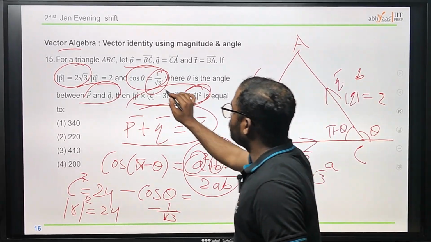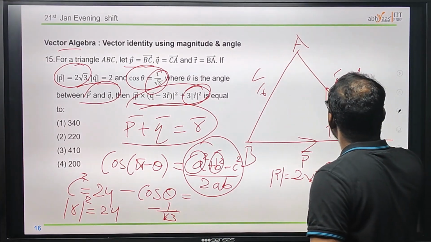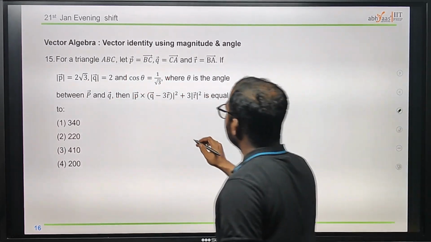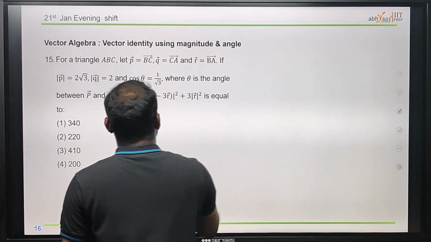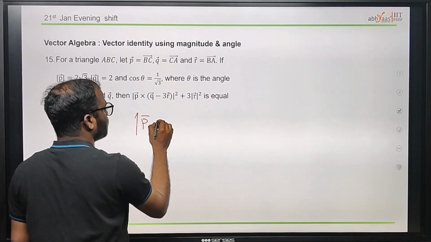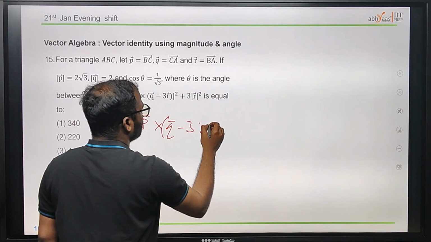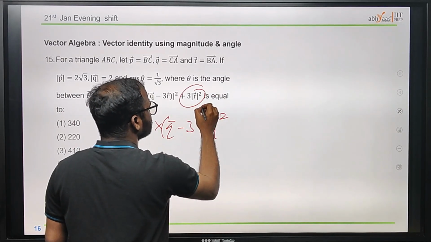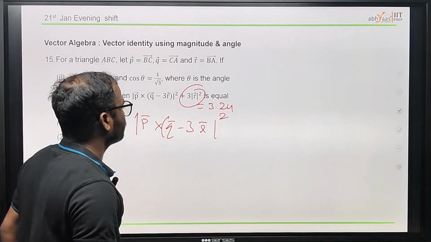Now we need to find this one, which is mod of p bar cross q bar, 3r bar cross, whole square. We already know this is 3 into 24, which is mod r square.